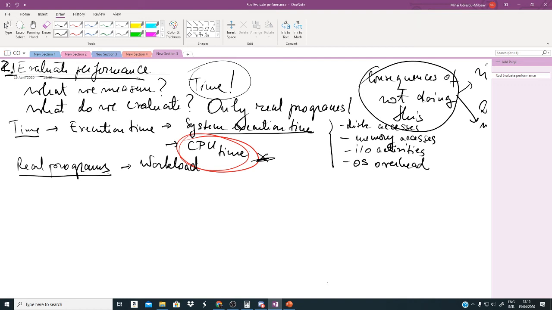So it would be obvious for that user which computer is the best, or which one is better actually, which computer is better out of these two.